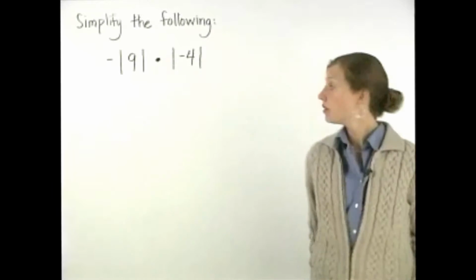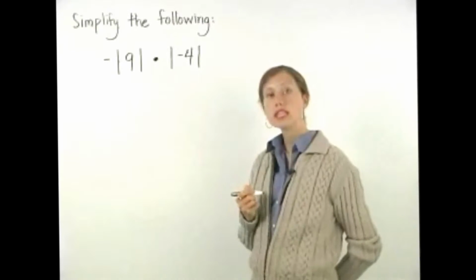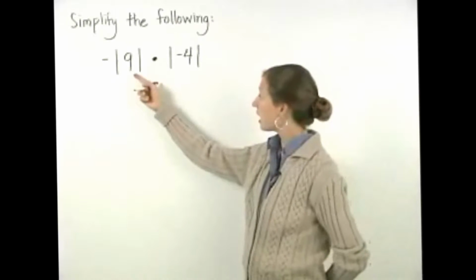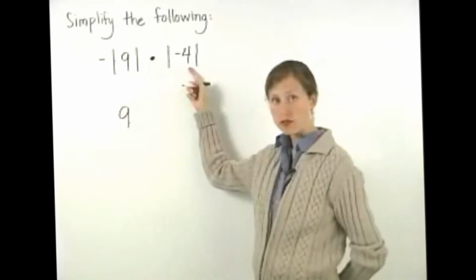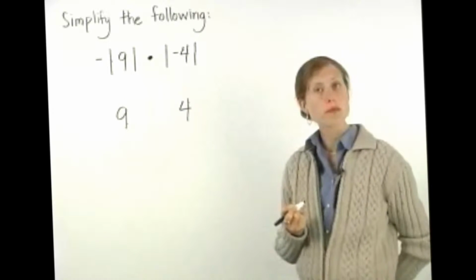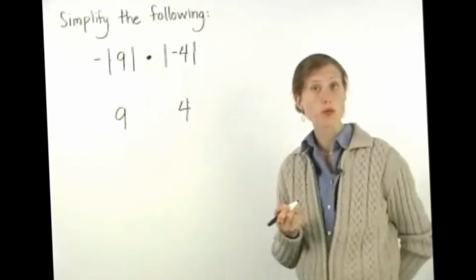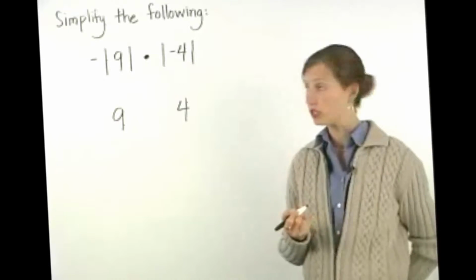In this problem, first simplify each absolute value. The absolute value of +9 is +9, and the absolute value of -4 is +4. Remember that we can use parentheses when we first get rid of the absolute value signs to avoid confusion.